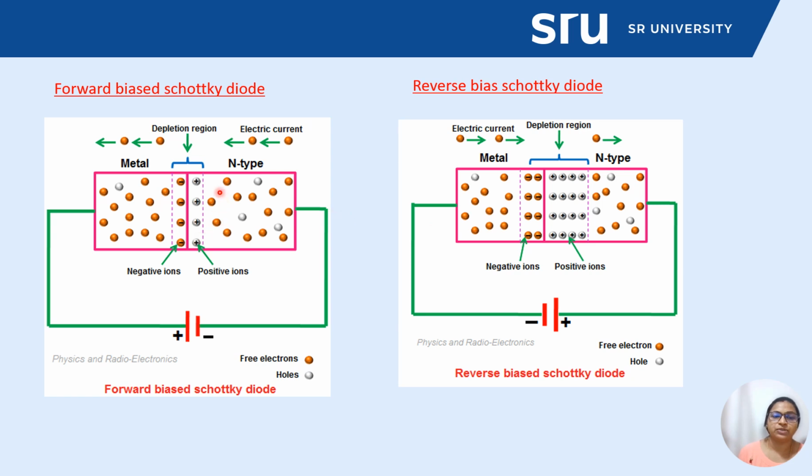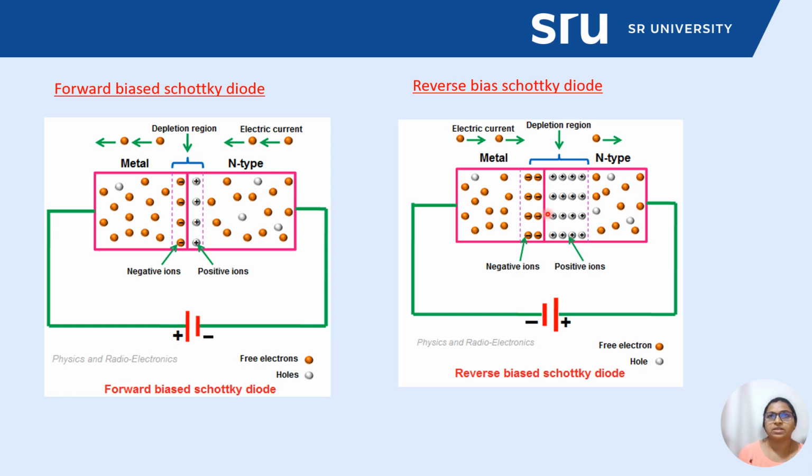We can see that gradually in forward bias it was reducing, and at a certain point it disappears. But here the width of the depletion region gradually widens. As a result, the electric current stops flowing.